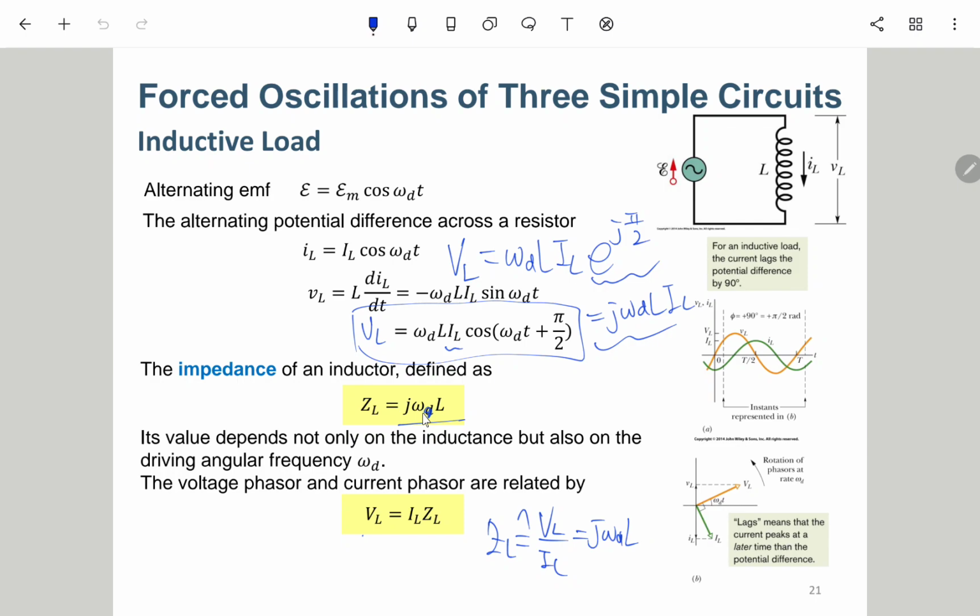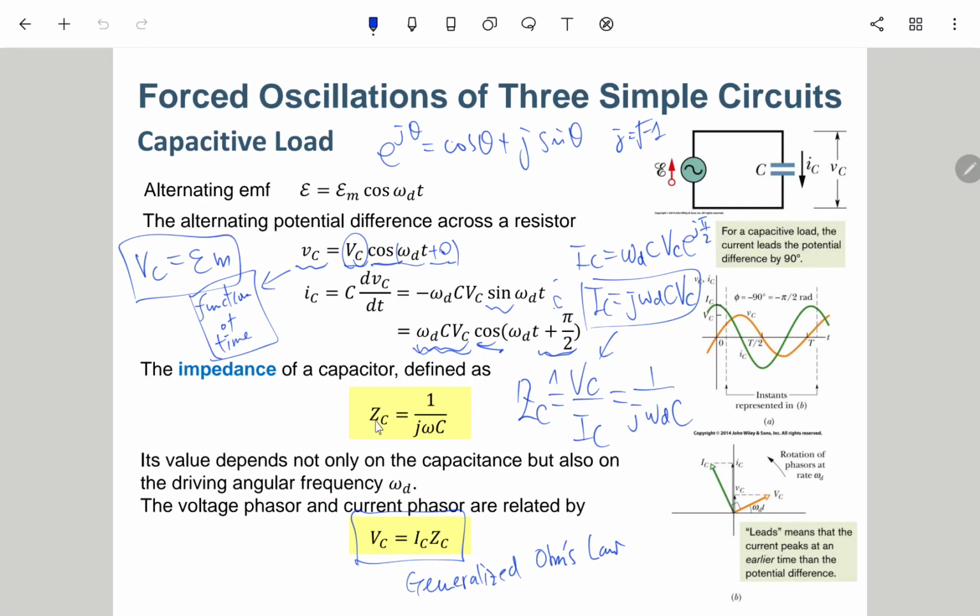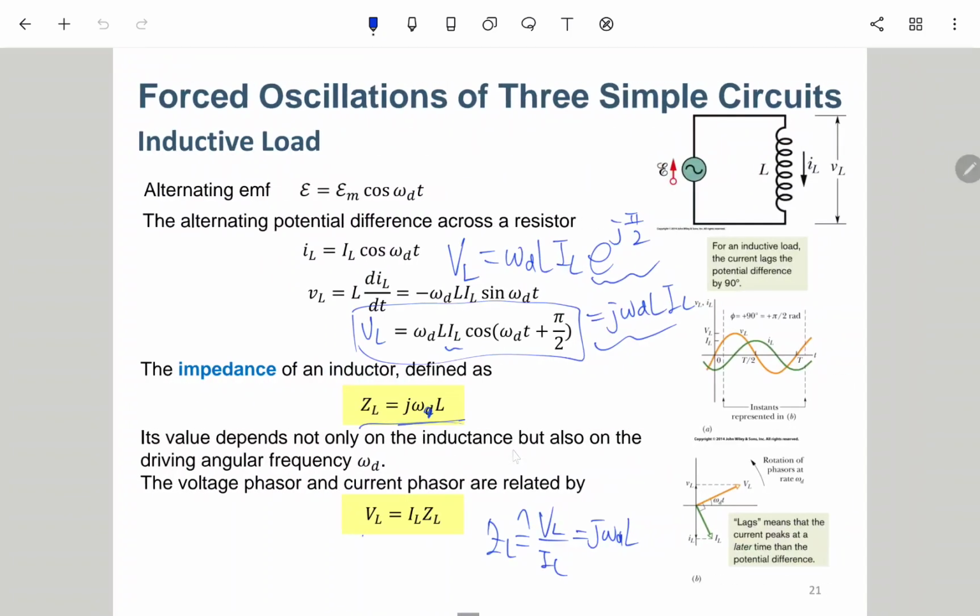So these are the phasors for the RLC. R is the easiest case, and for L, ZL equals j omega L, and ZC is 1 over j omega C.